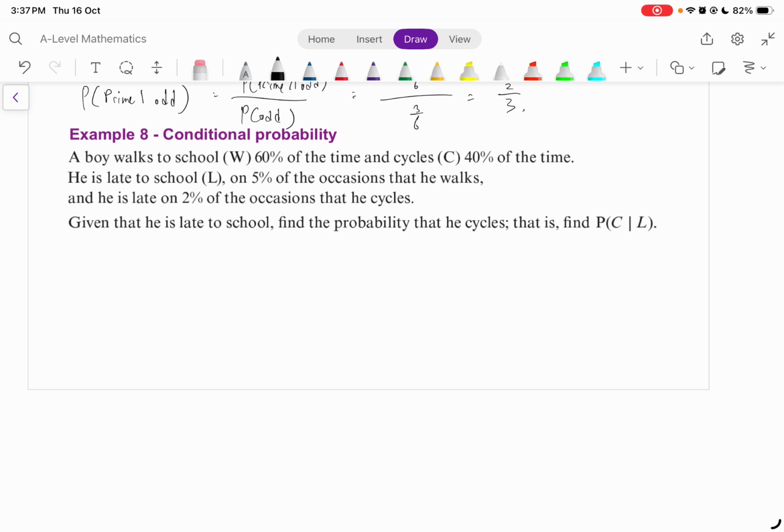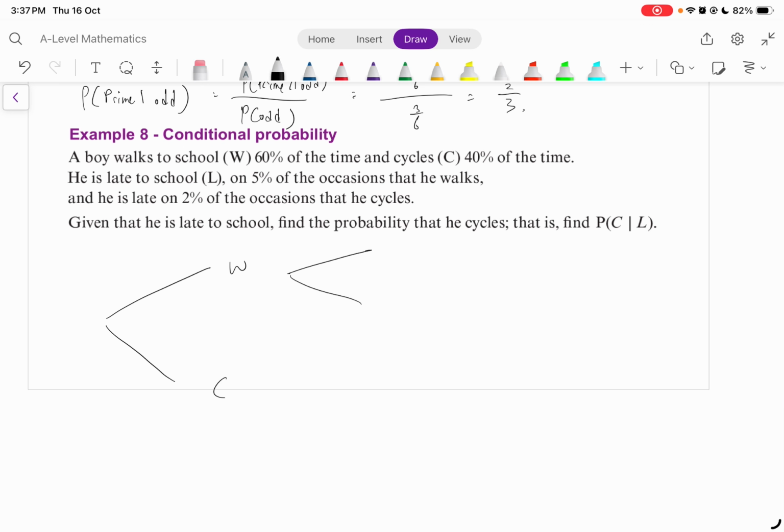What is the probability of cycling given that he's late? So confusing, but the Venn diagram will tell you the answer. Not the Venn diagram, our tree diagram. So if that's the case, we have to split W and C. My mistake.